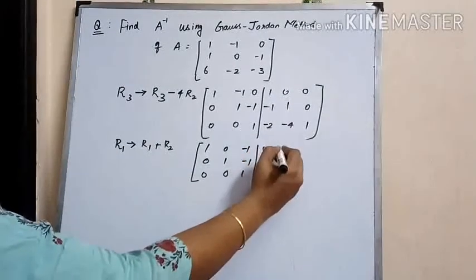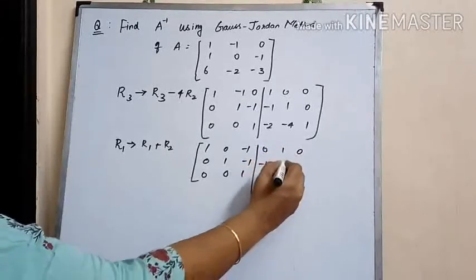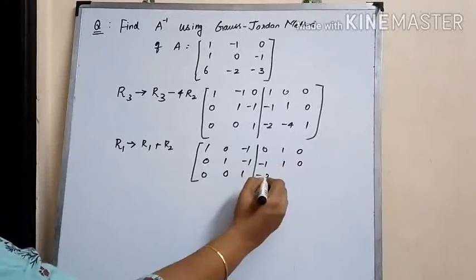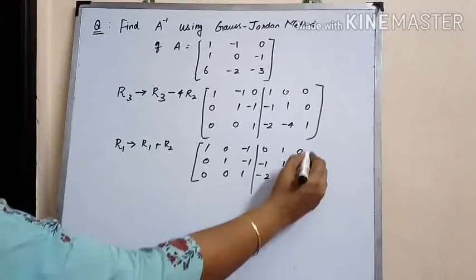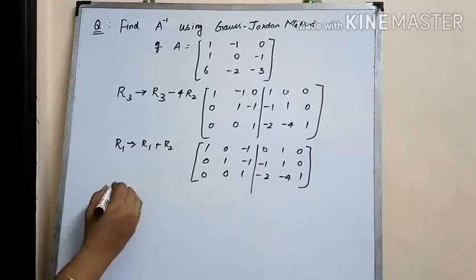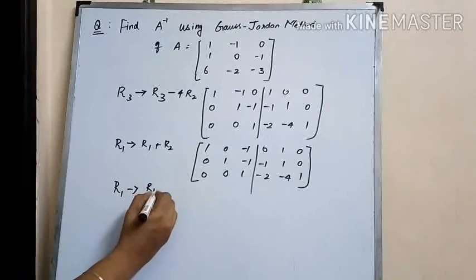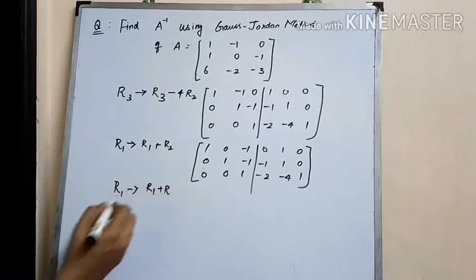Here this will change to 0, 1, 0, minus 1, 1 and 0, minus 2, minus 4, and the next row operation is R1 plus R3.